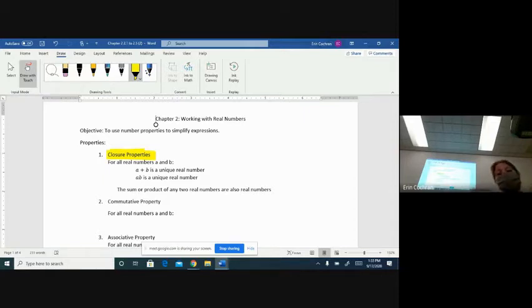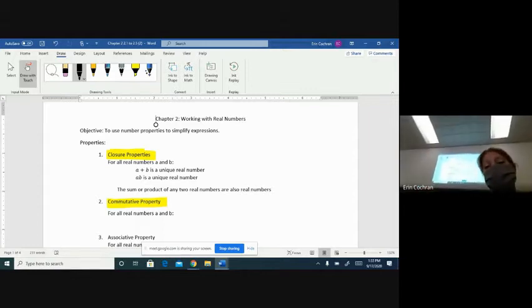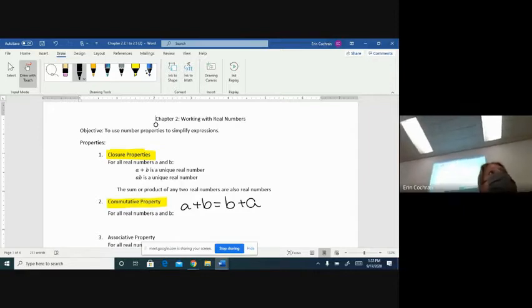Okay, so the first property we're going to talk about is the commutative property, okay? There's a commutative property of addition and multiplication. If I take A plus B, that is going to be the same thing as B plus A, okay? And that should make sense, right? If I take 2 plus 3, it is the same thing as 3 plus 2, right?